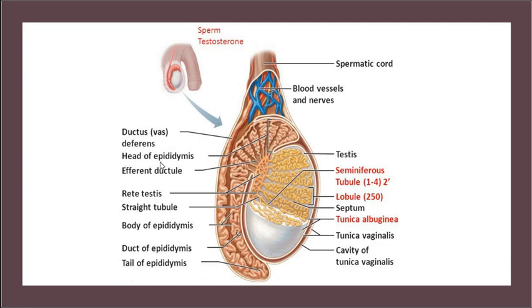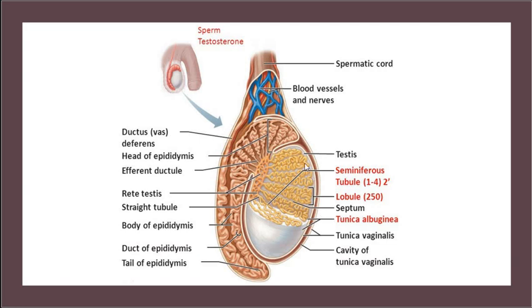Epi, you should remember, is on, and didymis, if you know your Bible, Thomas was known as Didymus. Didymus means twin. So this structure is on the twins, the testes. You can see it up here in the picture as well.